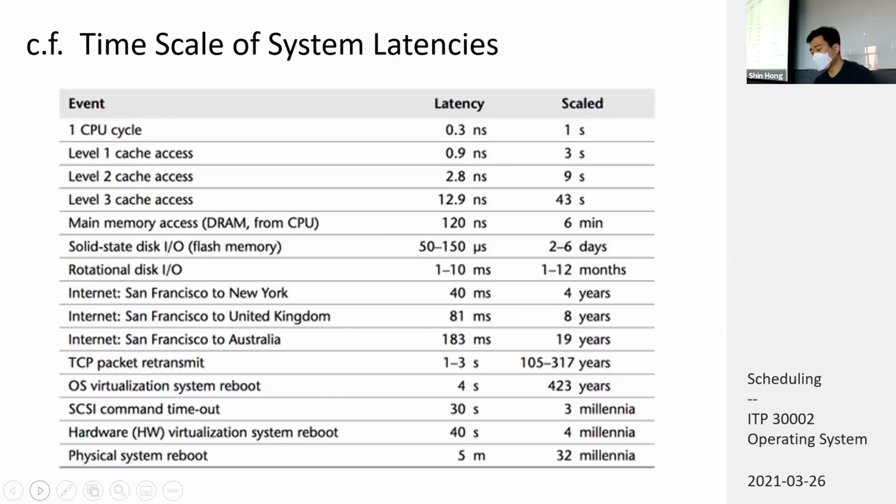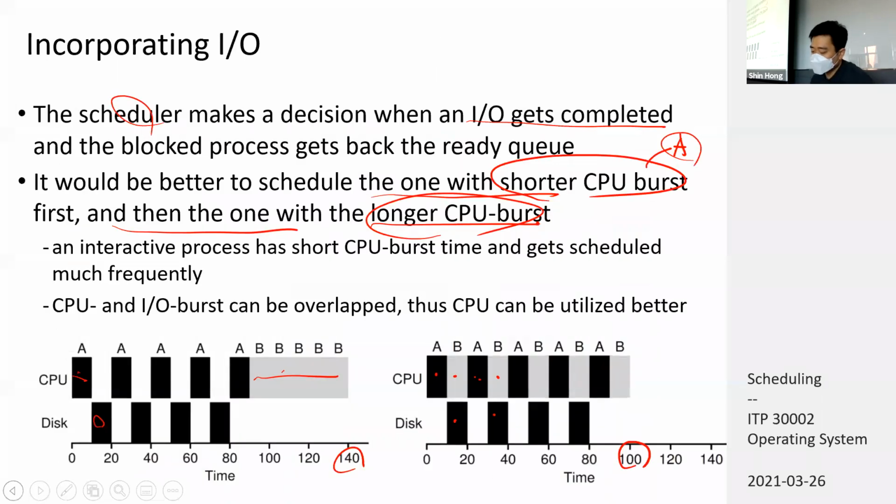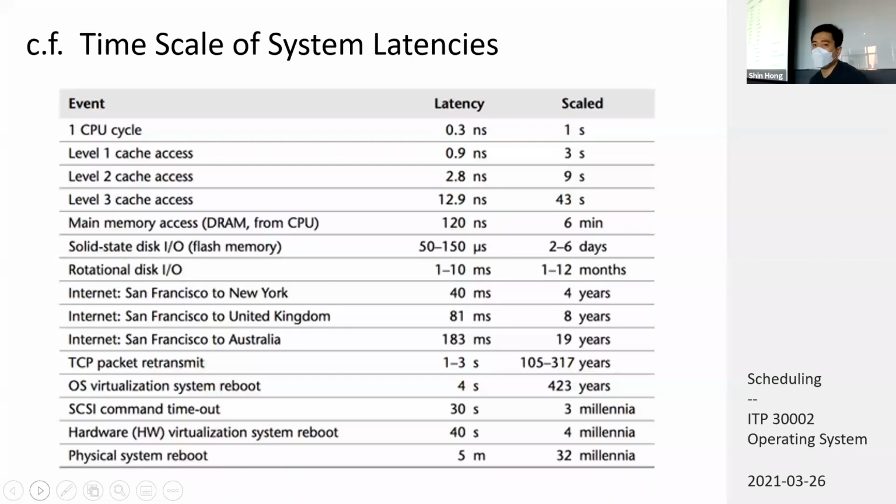Okay, and before moving on to the next discussion, in order to understand why this incorporation of I/O is a desirable thing, let me re-emphasize. I think many of you already learned this in the computer architecture course, but let me remark that I/O operation is really, really slow. So this is a table that compares CPU cycle time.